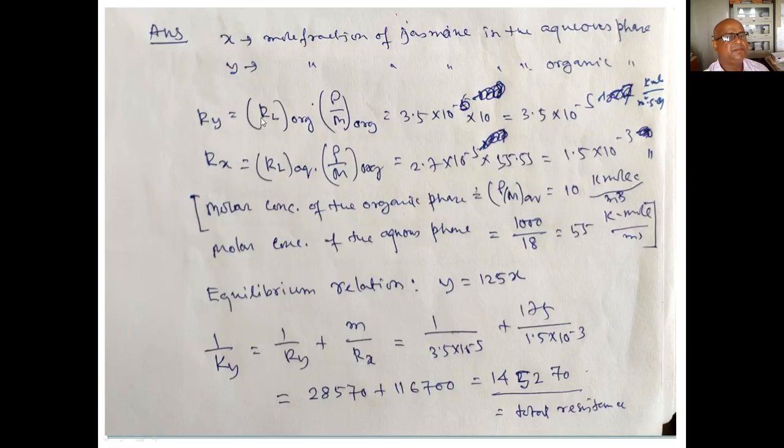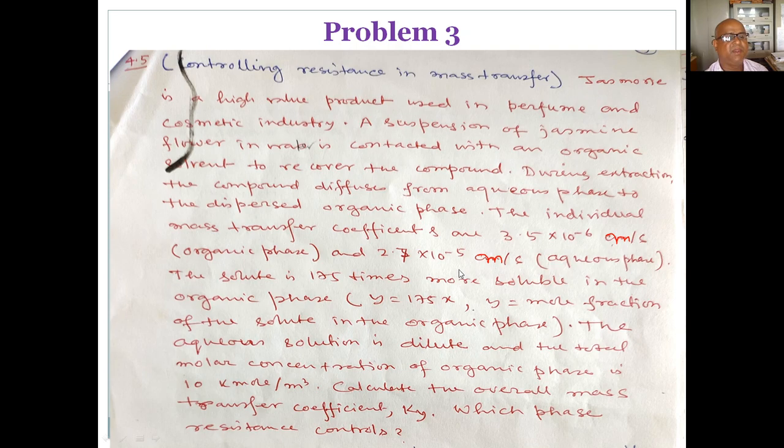Now if you see, X is the mole fraction of jasmine in the aqueous phase and Y is in the organic phase. So the organic phase is denoted Y, and the aqueous phase is X. Now what will be Ky? Ky equals kl organic, that is given. If you see, meter per second for the organic phase.